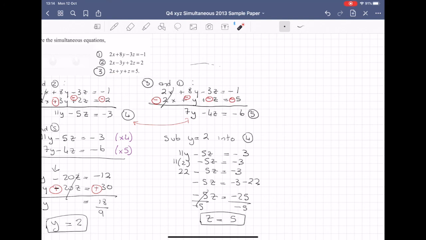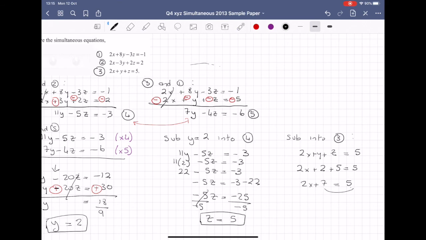Okay, I'm going to sub it into 3 because it looks nice and easy. I have single y, single z. So now sub into equation 3, which was 2x plus y plus z being equal to 5. 2x, my y is 2, my z is 5, being equal to 5. 2x plus 7 is equal to 5.